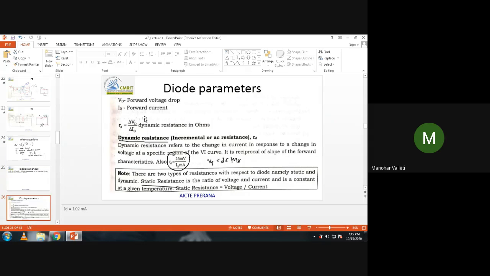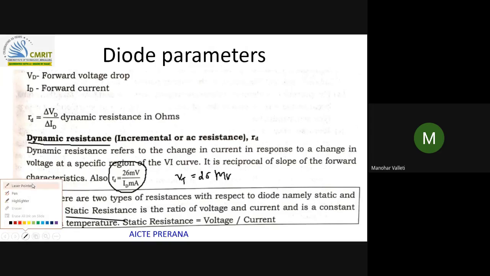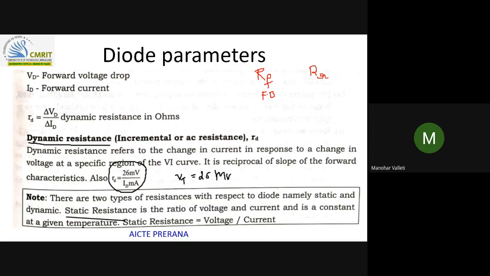Now some more diode parameters. A forward bias diode will have some resistance, that is forward resistance R_F, and a reverse bias diode will have a reverse resistance R_R.